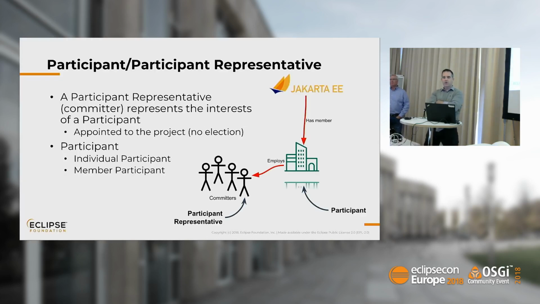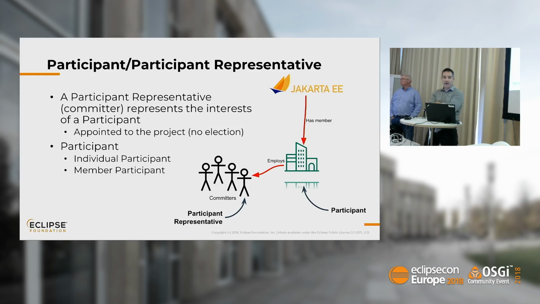One of the challenges that we have, and as Mike was suggesting, the way that the IP flows into a specification project is a little bit different. And one of the things we need to do is guarantee that an organization can stay involved in a project. So if a committer representing an organization retires, we need a way of immediately replacing them. So we've introduced the notion of a participant representative.